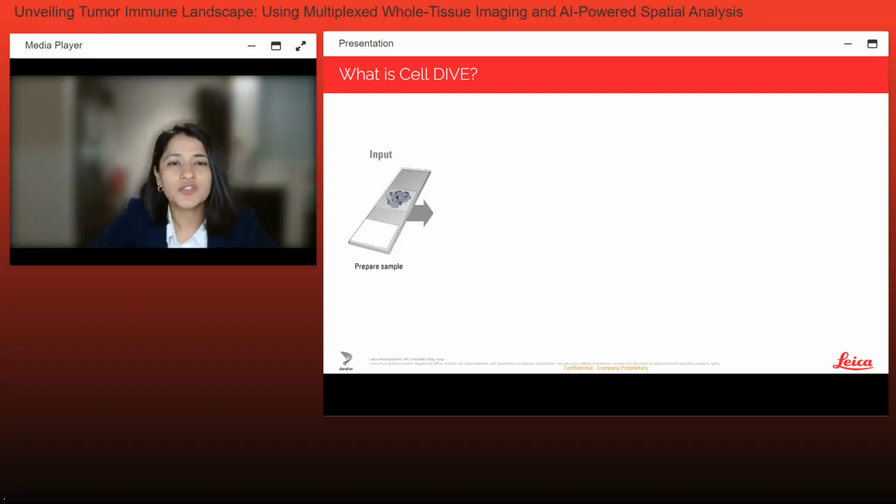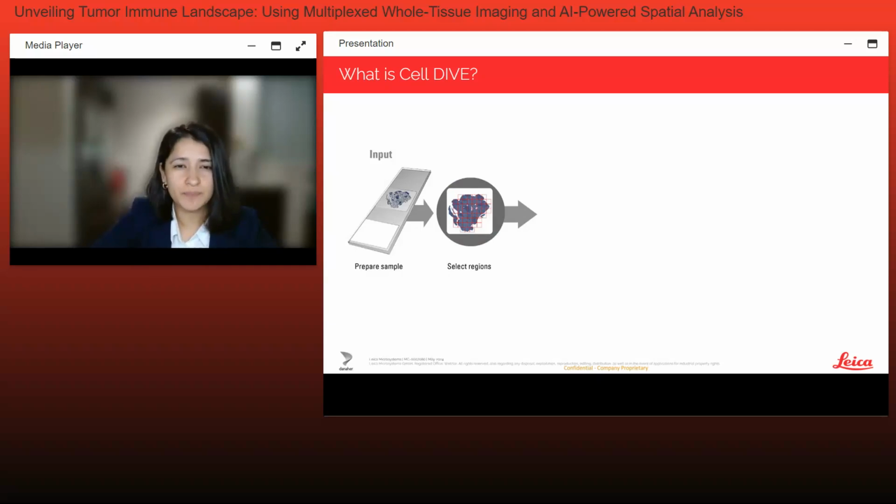The first thing to do is to prepare these slides using a well-defined preparation process that includes a patented antigen retrieval technique, as well as more standard processes like dewaxing, clearing, etc. After the slides are prepared, we put them on the imager and use very quick low magnification scans to define the region of interest that will be imaged for the study.